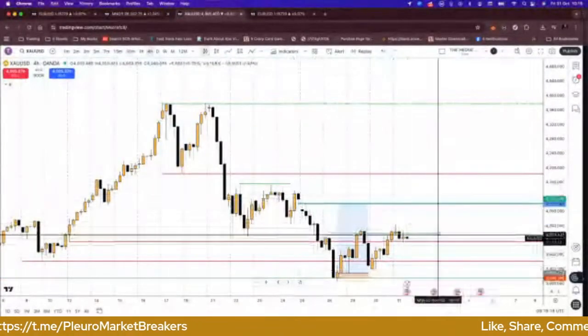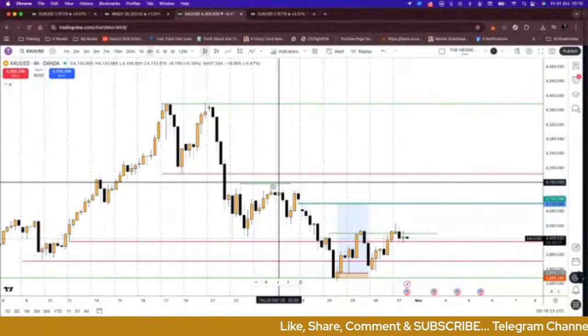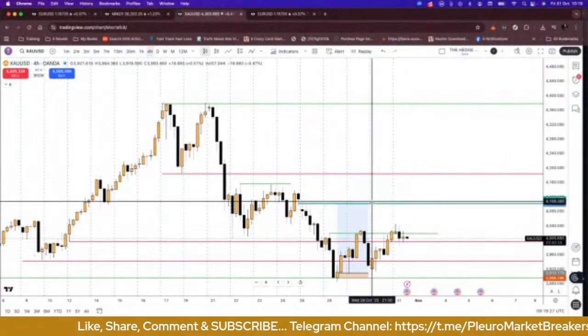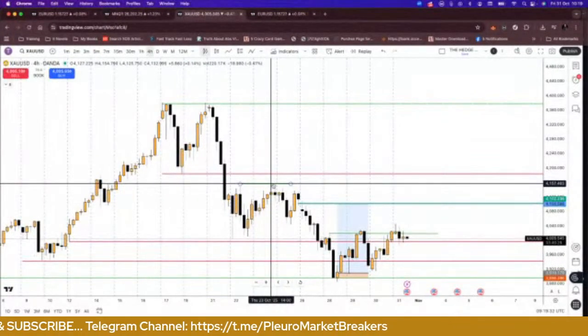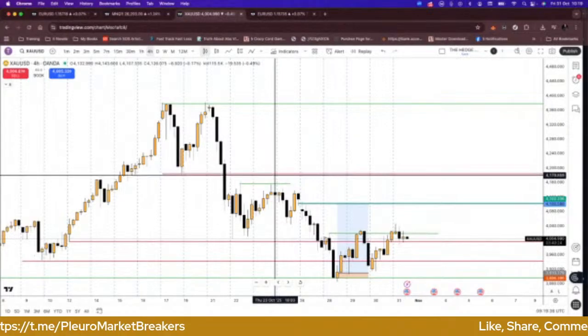Okay, so yeah, that's not a bad target. So the question is, how do you get there? I actually would like to see it get here. I think there's a very good chance that it could outperform 4100 and get to 4157 or even all the way up to 4185.